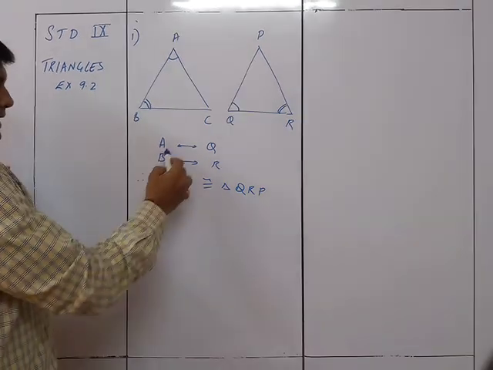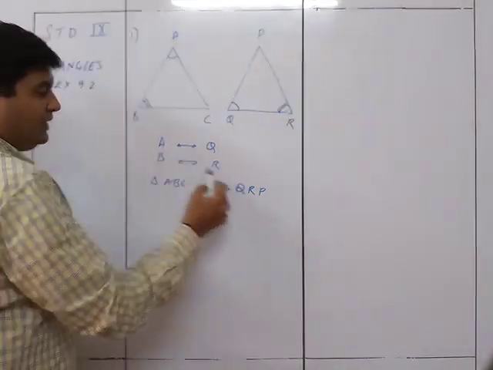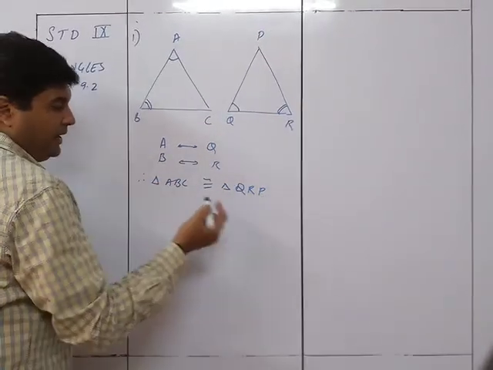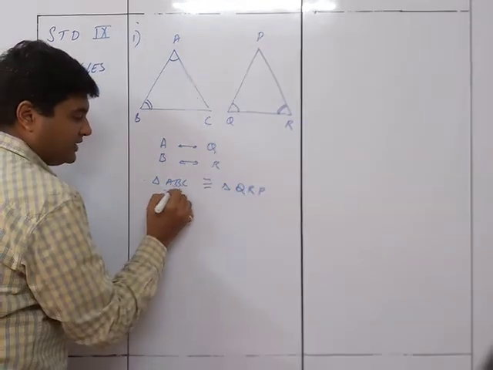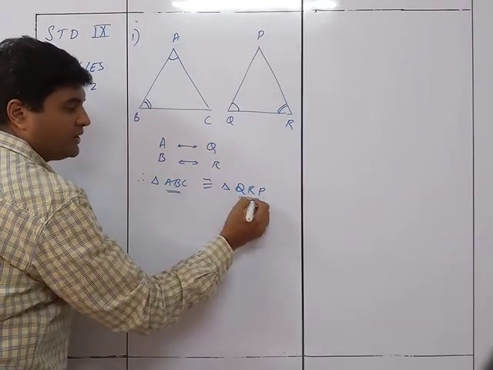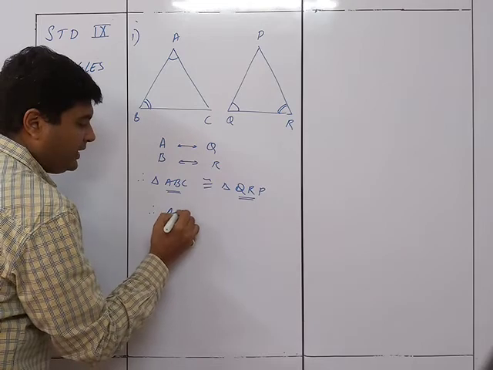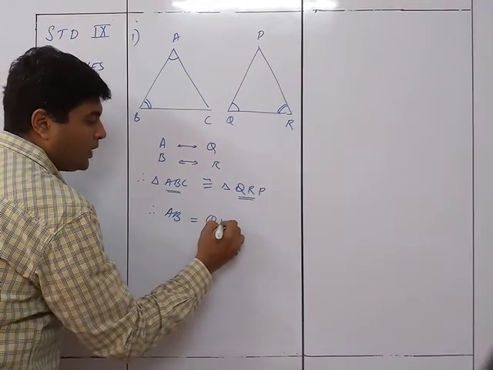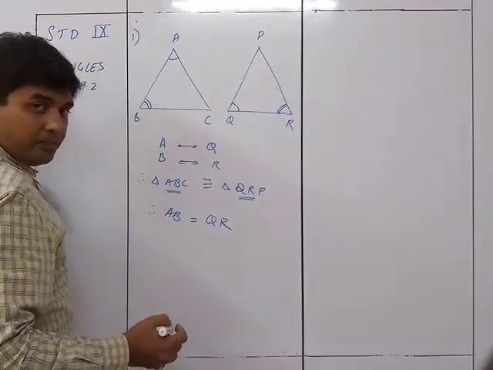A is Q, B is R, so C will automatically be P. If we see the first two letters, automatically AB will be equal to QR over here.